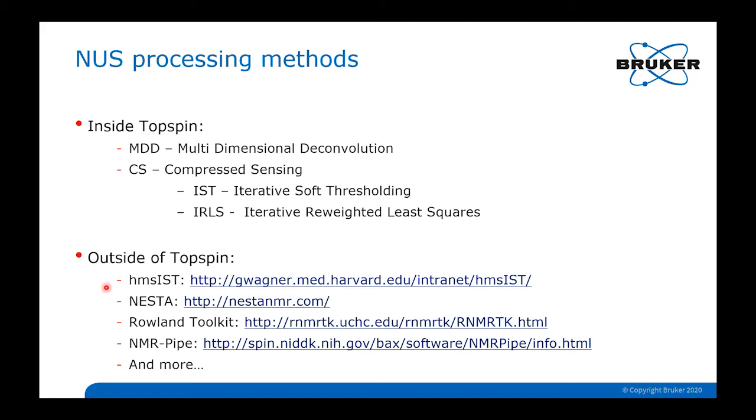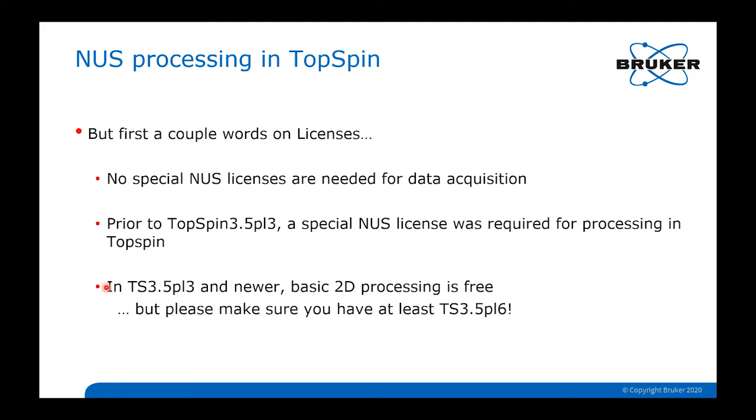For processing within TopSpin, I first want to mention a little bit about licenses. When we first introduced non-uniform sampling in TopSpin 3.0, we required an additional processing license for NUS for any NUS data sets. You could still acquire NUS data without any additional license, but to process it in TopSpin, it required this additional license.